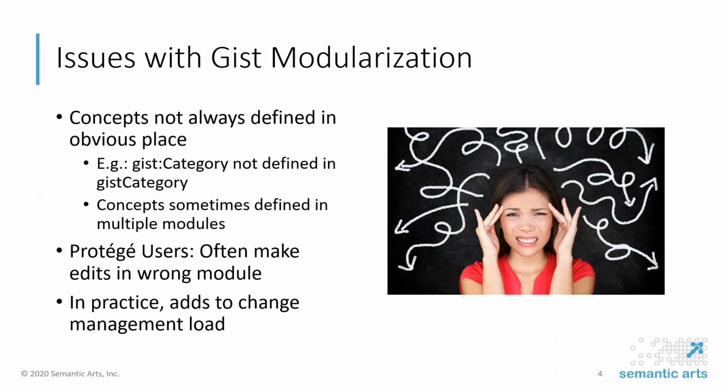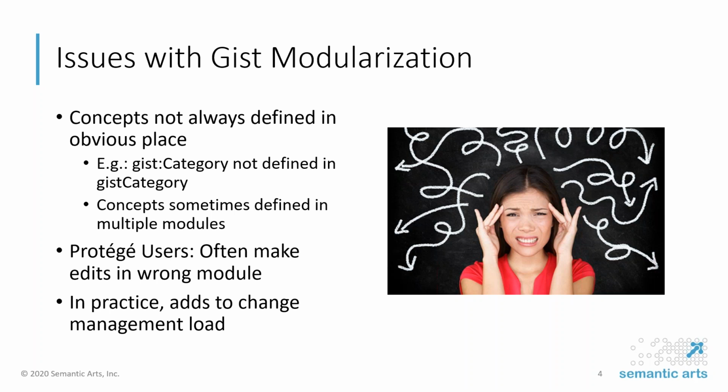Sometimes it's the top level with a label and a definition in one place, maybe some disjoints, and then some other information in other places. Also, Protege users, not that Protege is mandated, but let's face it, a lot of us use it. When working with the 18 modules in Protege, we often make edits in the wrong module.